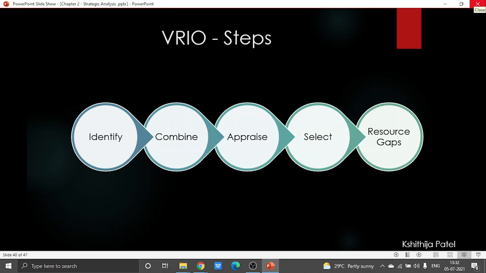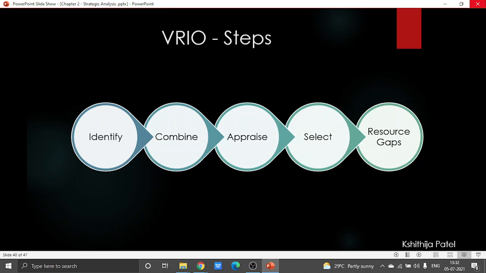To finish off the VRIO steps, first the organization will have to identify its own assets, strengths and weaknesses. The second step is to combine the qualities into particular capacities.